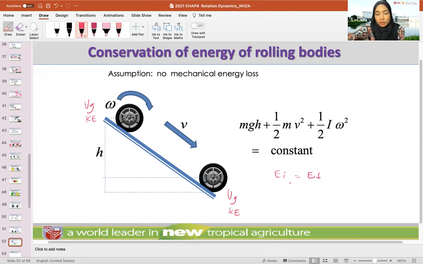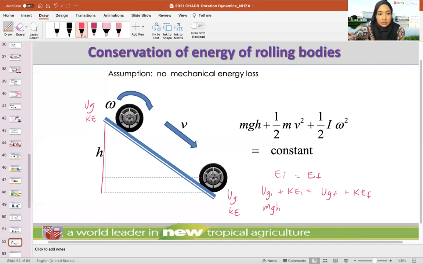So for my equation E initial, I would have UGI plus KEI, and it is equal to UG final plus KE final. Now my UGI is based on the height of this tire, it is going to be mgh: mass of the tire, g, gravitational acceleration, h is the height of the tire.